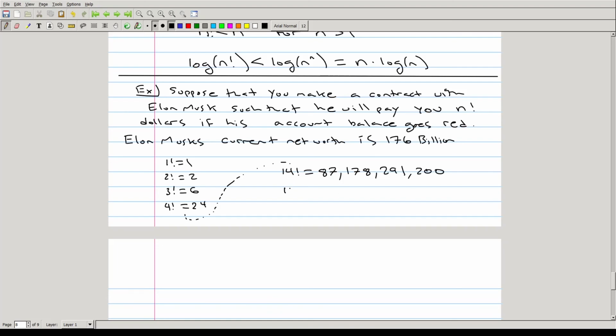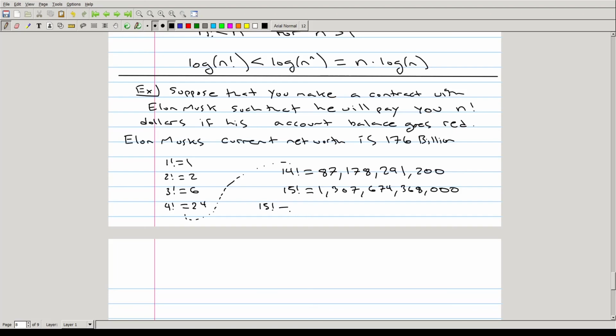And on the 15th day, 15 factorial is 1,307,674,368,000. And this 15th day is when he has to pay up, and he actually goes into the red by a lot.